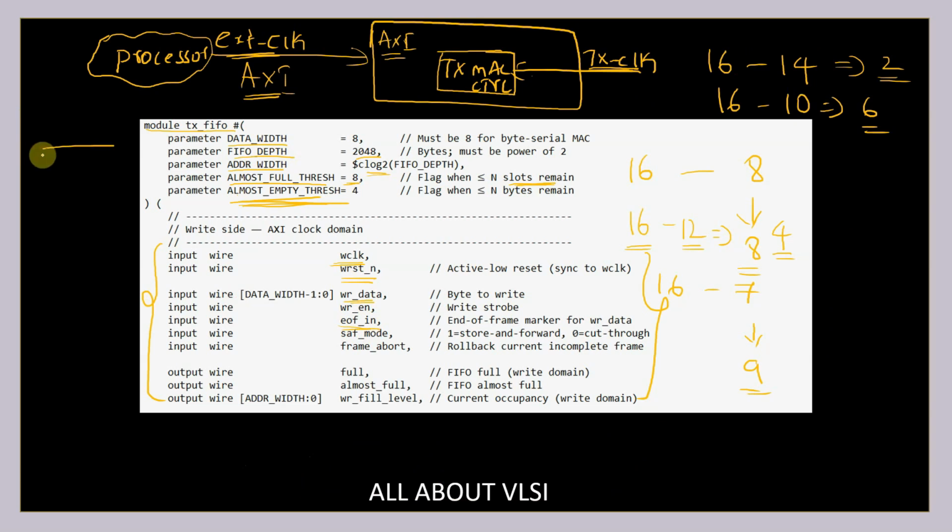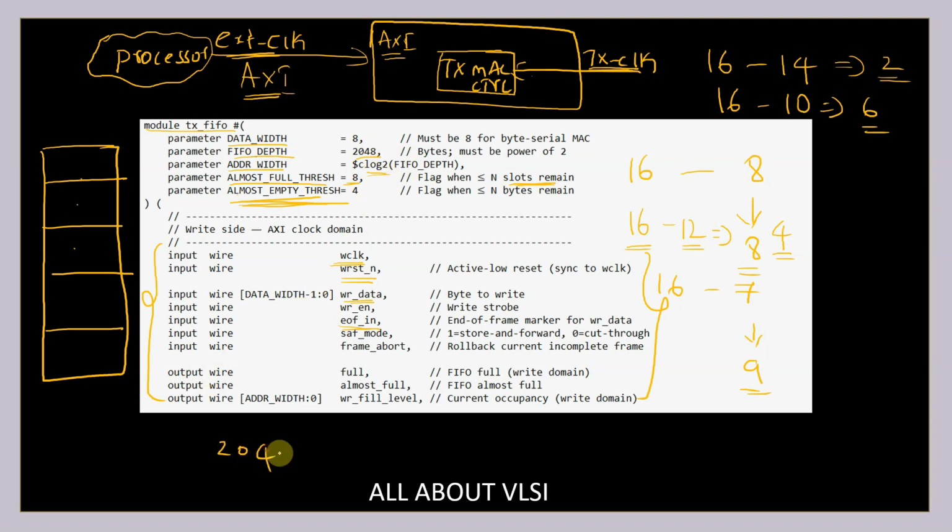Let's say this is my FIFO and I have a few locations like this: 1, 2, 3, 4 and 5 locations. Now, my frame can be 2048 bytes, right? If my frame is 2048 bytes, and the processor is writing all these bytes into this FIFO, how is my receiver going to know what is the last byte?